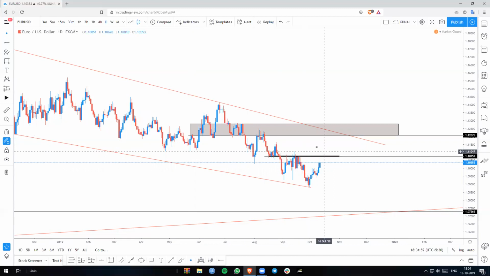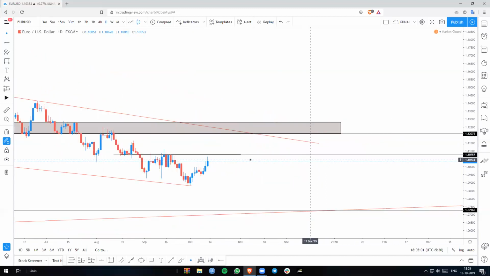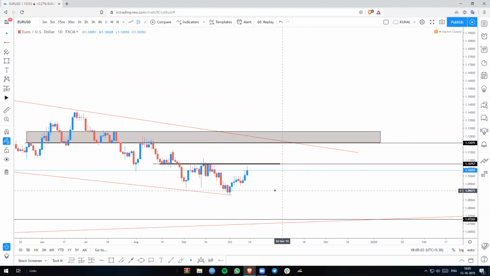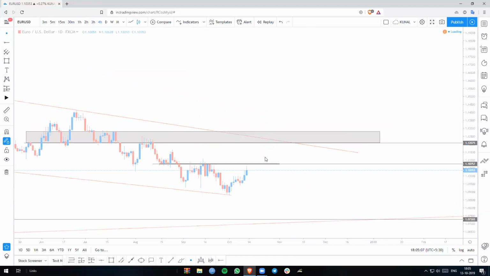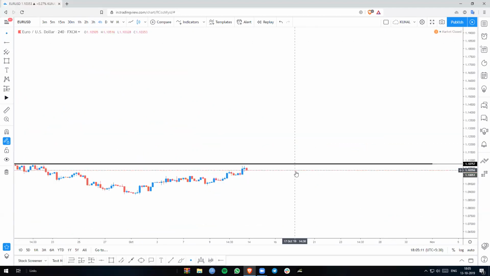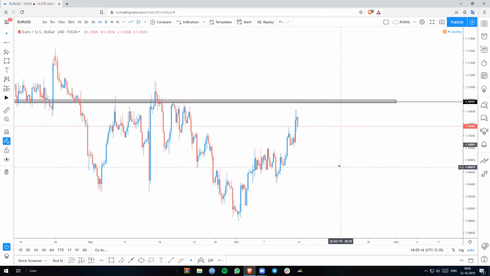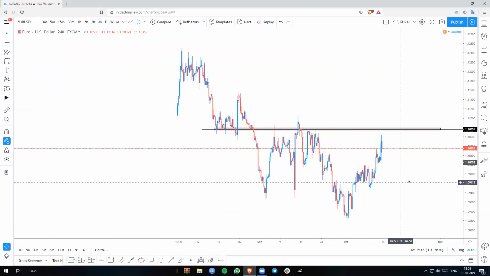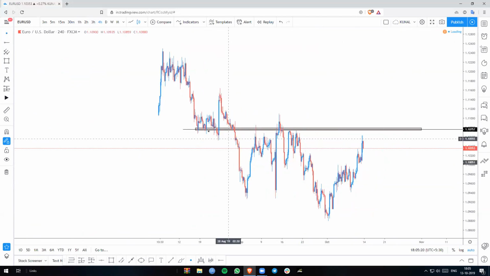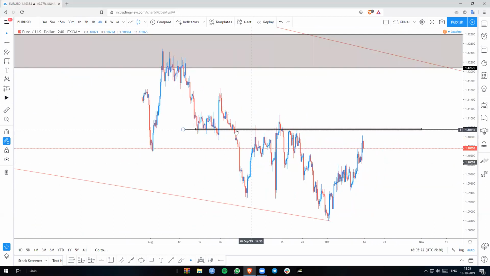Most likely if Euro USD is breaking out this level, then we are coming down. Firstly, what I expected is if daily closes above that 1.1075 level, then only we are going up. But now on the H4 there is something different. Over here it's a strong level of resistance slash supply.